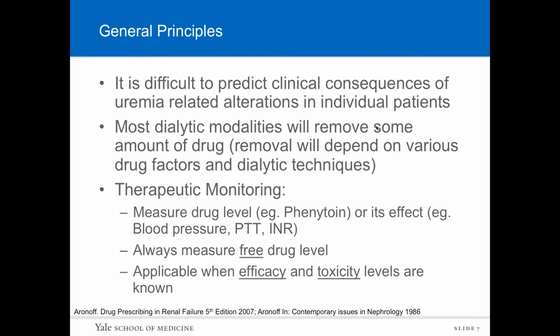So for example, we try to measure drug levels in drugs such as phenytoin. Or we try to monitor the effect of a drug, such as measuring the blood pressure, measuring PTT, or measuring INR. We always try to measure the free drug level when available. And of course, you can only use therapeutic monitoring when efficacy and toxicity levels are known for a particular drug, which is quite important in our topic today.